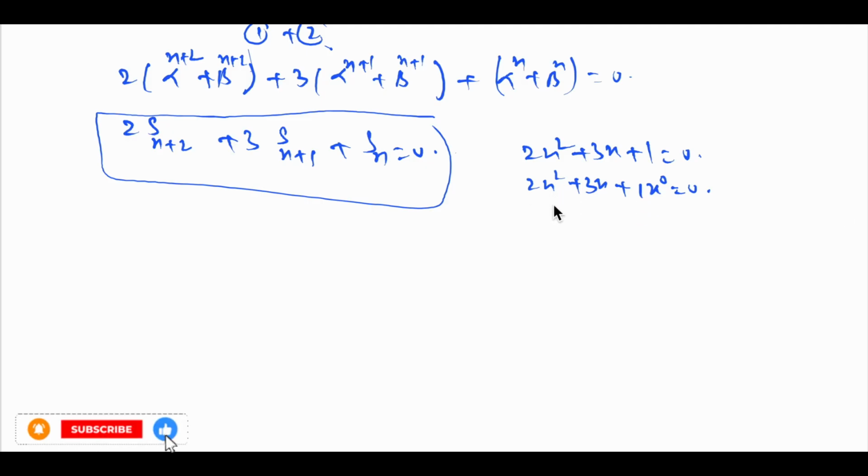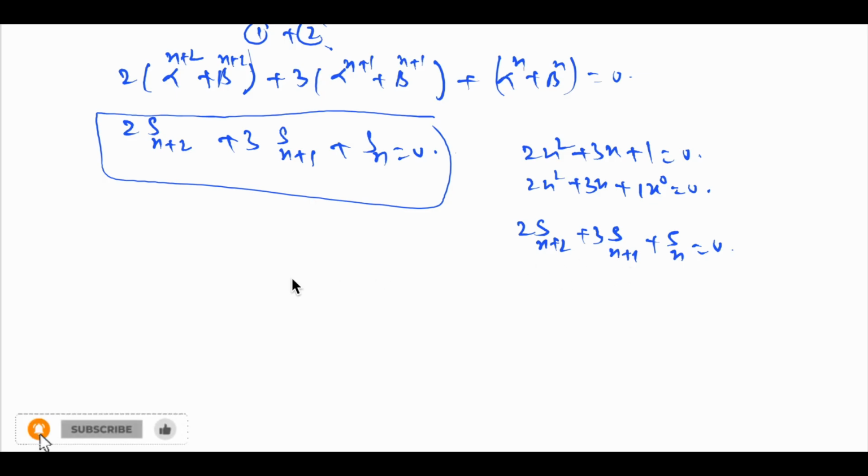Now, for x square you can write S with subscript n plus 2. So 2x square becomes 2Sn plus 2, plus 3 and just write S, this power is 1, it will be n plus 1, plus the last term, n plus 0, is Sn, so it will be Sn is equal to 0.